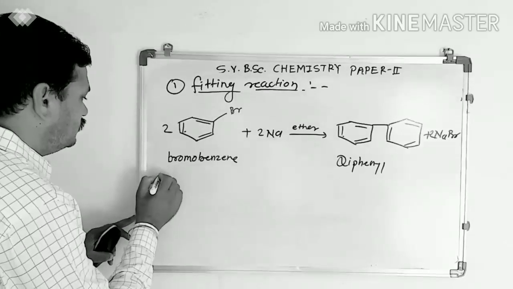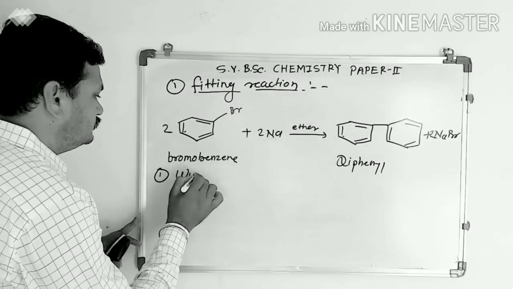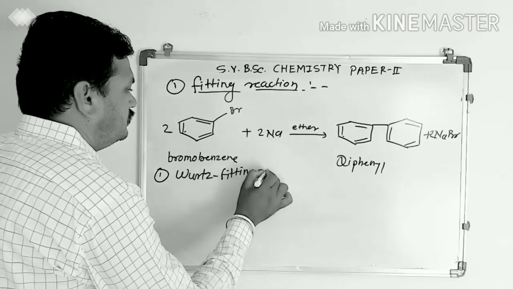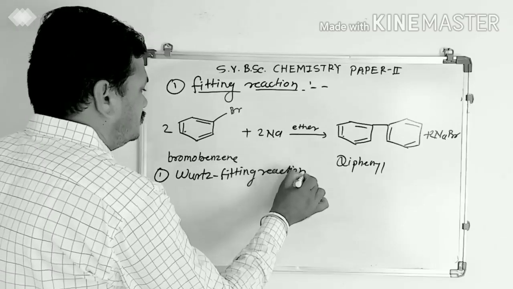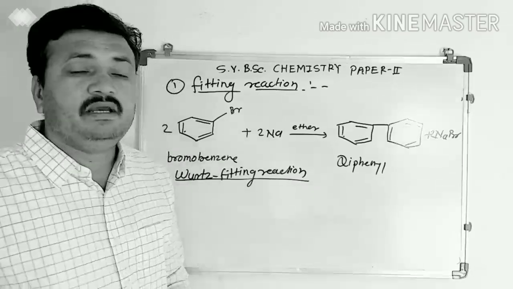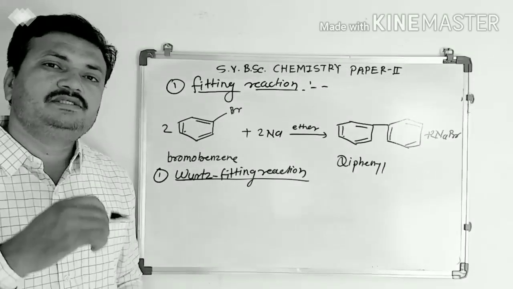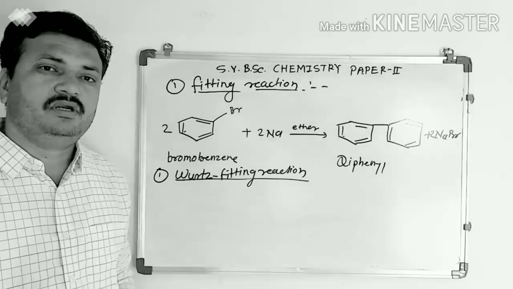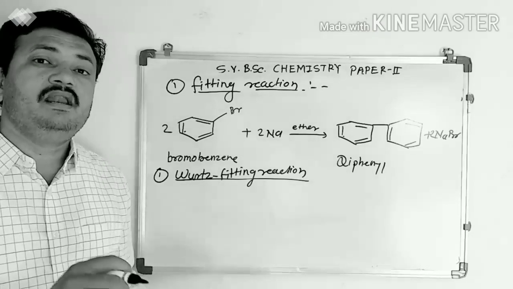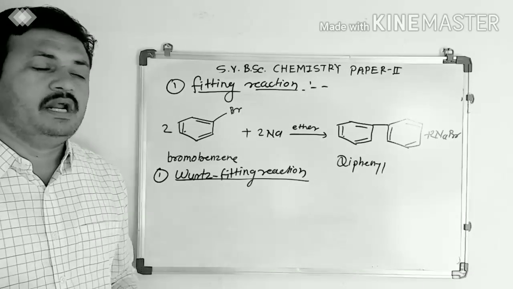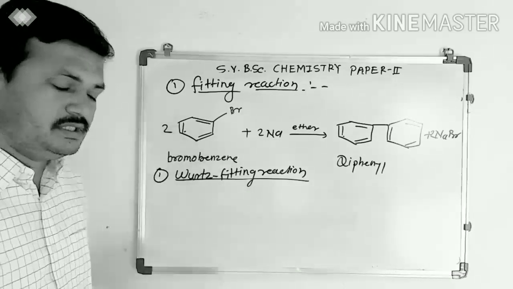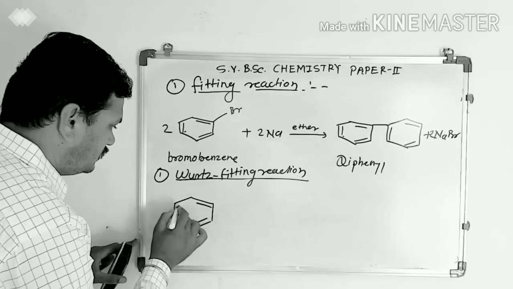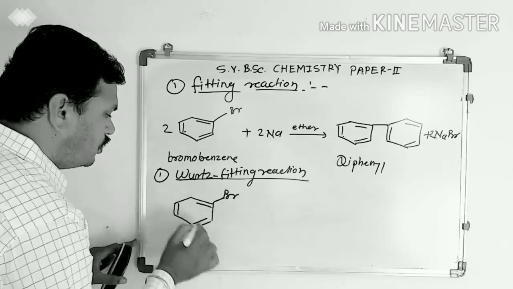Next reaction, it is Wurtz-Fittig reaction. In this Wurtz-Fittig reaction, 1 mole of aryl halide reacts with 1 mole of alkyl halide in presence of sodium metal in dry ether. Then there is formation of aryl alkyl. It is known as Wurtz-Fittig reaction. Let's see the example. It is bromobenzene.